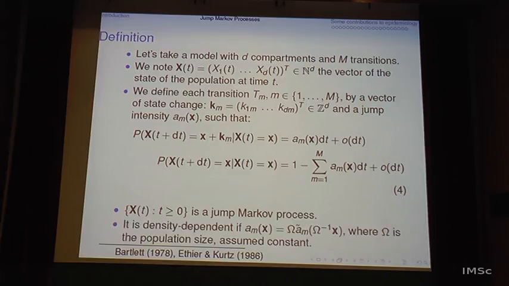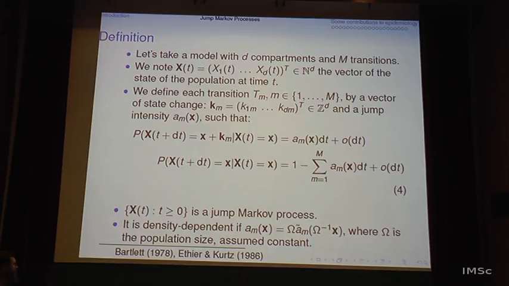And this process is density dependent only if we can rewrite the jump intensities as something that is proportional to the population size. So omega is the number of individuals in my population, and here I assume that it's constant. Most of the time, all the models you will write are like this.